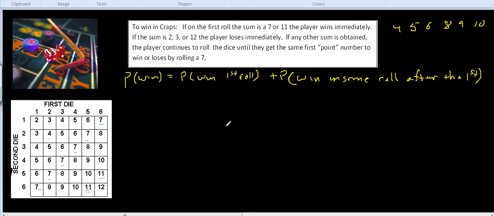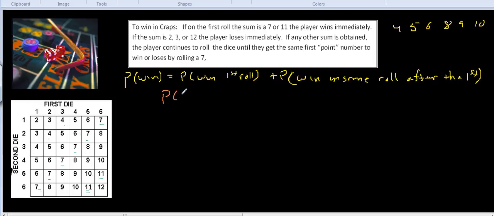And now from this point we want to get a little more formal and use our rules of probability to make sense of this. So we're looking at the probability to win on the first roll.